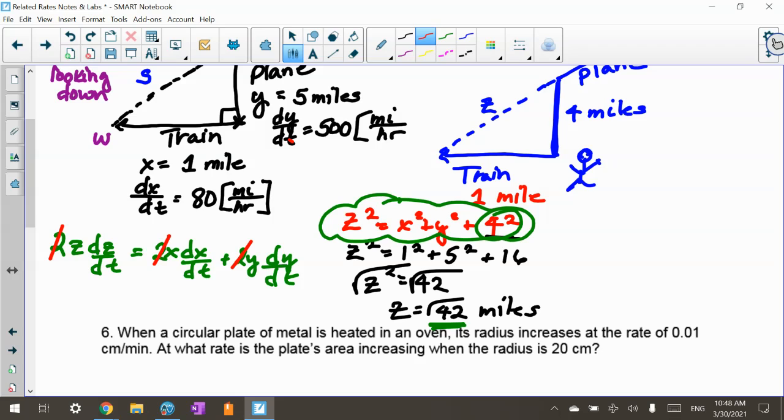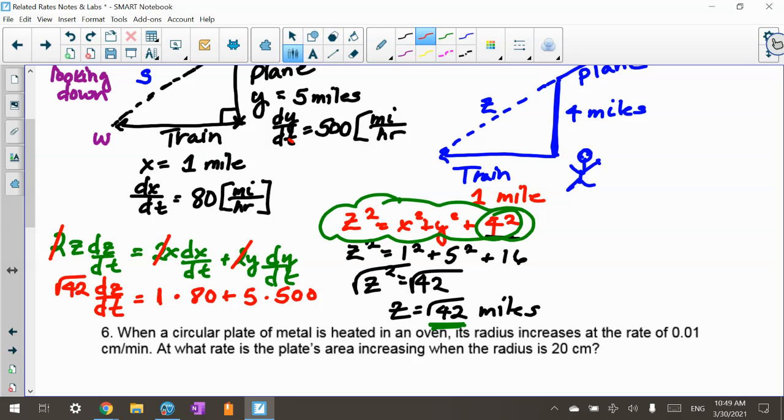And then we're just going to plug in everything we know. So z is radical 42. I'm looking for dz/dt equals x, which we know is 1 mile, times dx/dt, which is 80, plus y, which we know is 5 miles, times 500, and then divide it by radical 42.